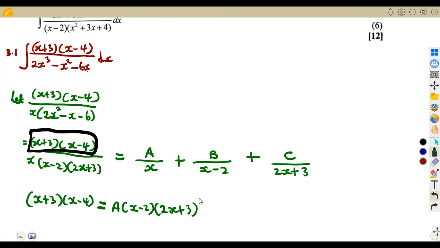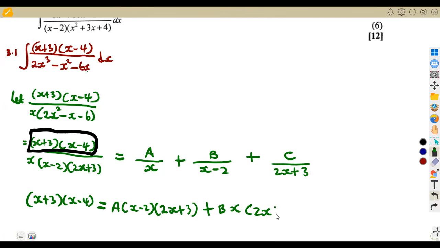We move on to the other part, which is plus b. We do the same thing. The bracket of x minus 2 cancels, and we remain with x and 2x plus 3. So this is just going to be x into 2x plus 3, as we saw that x minus 2 and x minus 2 cancel, so you remain with 2x plus 3.